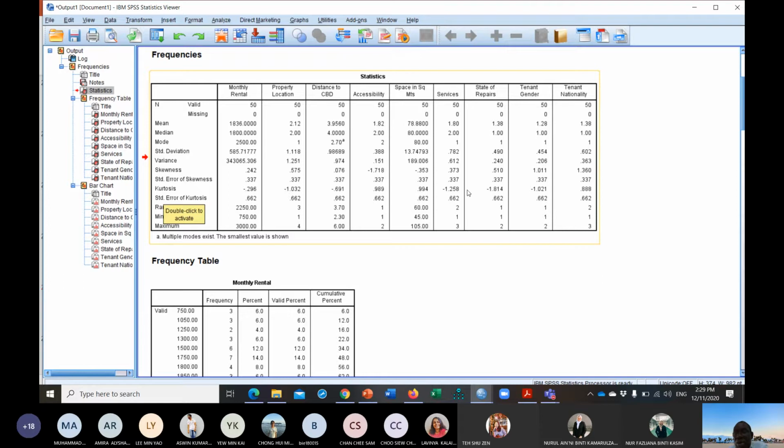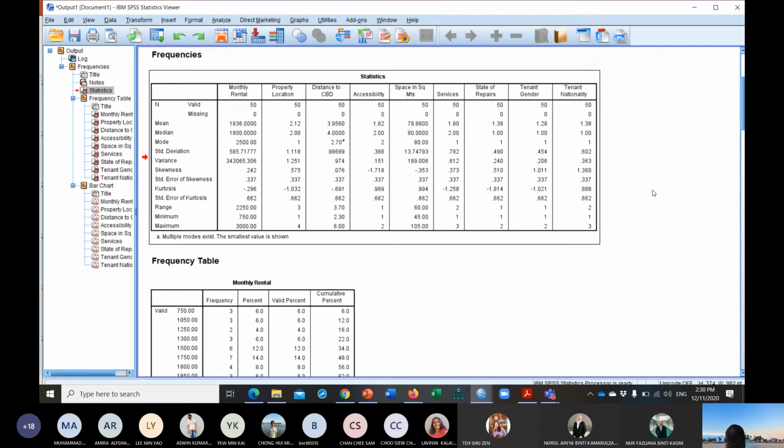And when we get to minus 1.814, which is still greater than minus 1.96. So with these kurtosis figures too, we will also agree that the data were normally distributed. So these are the two ways of checking normal distribution.